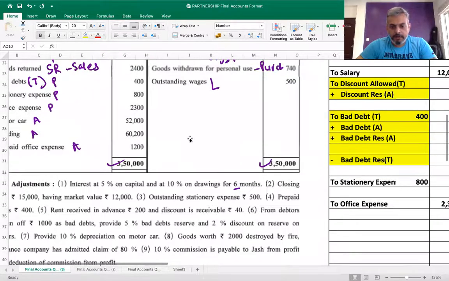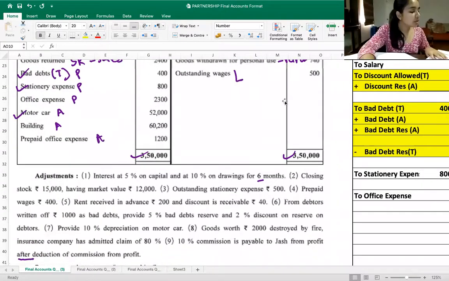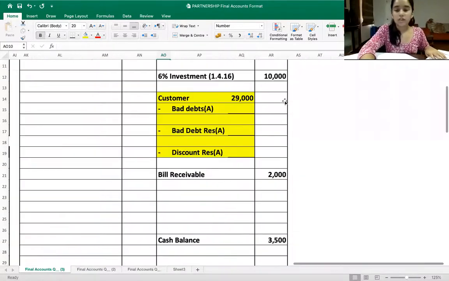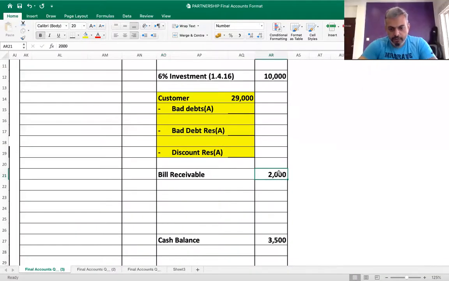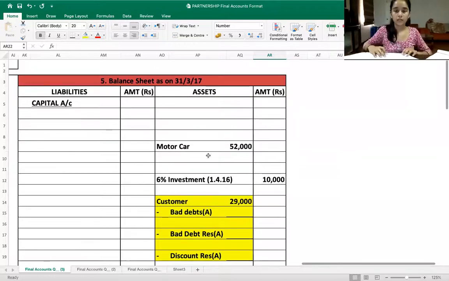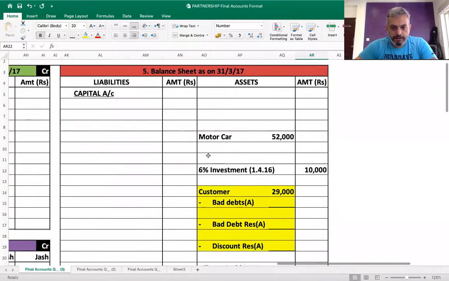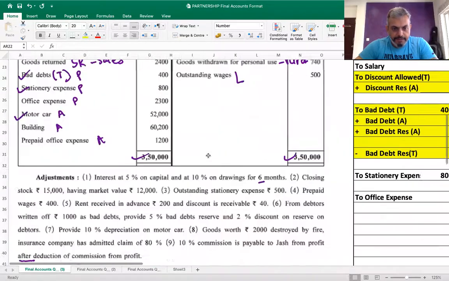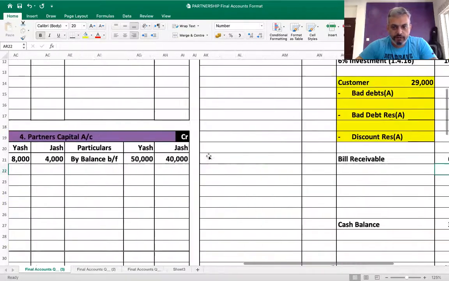Sir, huh? In the balance sheet bills receivable is 6,000. Oh, I've written 2. Okay, corrected 6,000. Motor car 52,000. After that building 60,200.